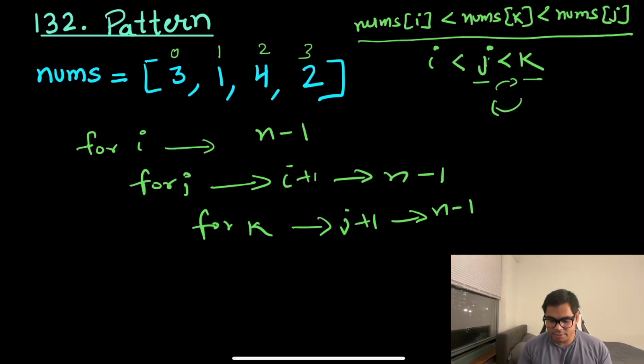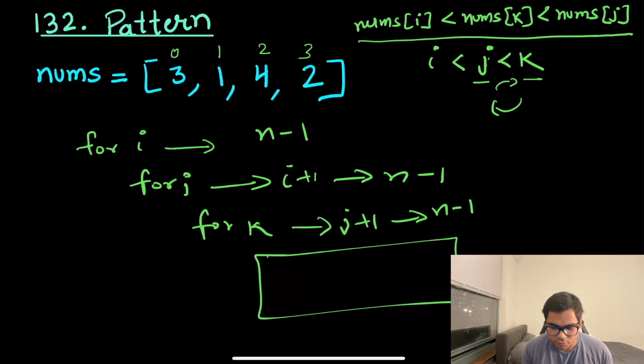Now here's the thing. Even in this brute force approach, you are trying to find these distinct integers that satisfy this condition right here. So let's say at a time I'm looking at 3 numbers.